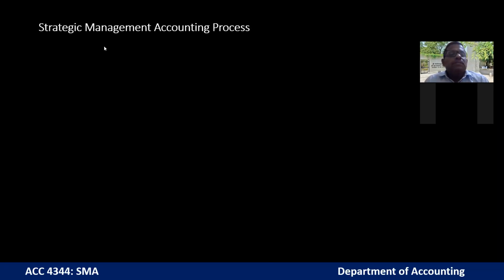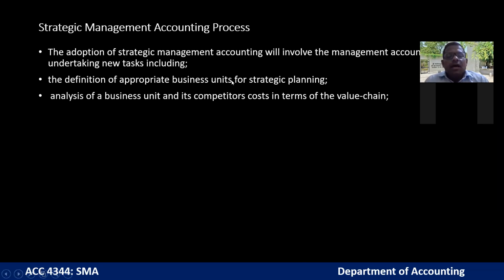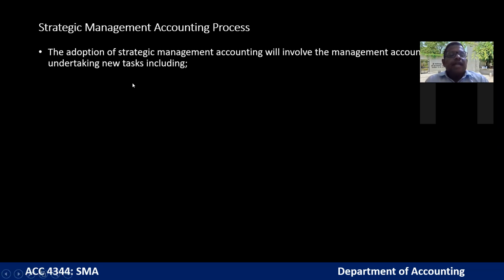Then coming back to our strategic management accounting process, you see that adoption of strategic management accounting will involve the management accountant undertaking new tasks. So when you take strategic management accounting, it's a new task. You can't work in the traditional way.